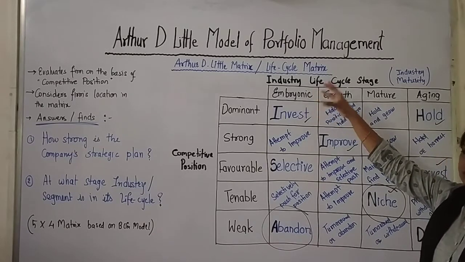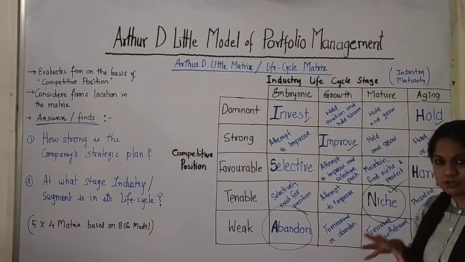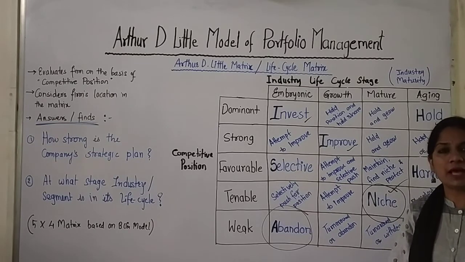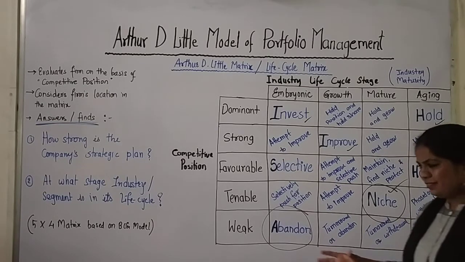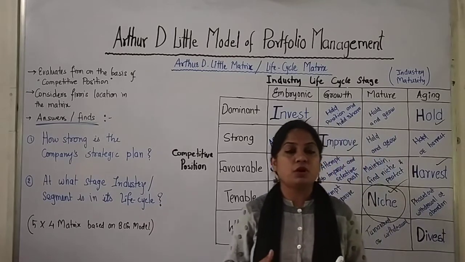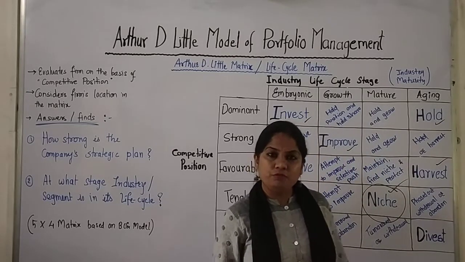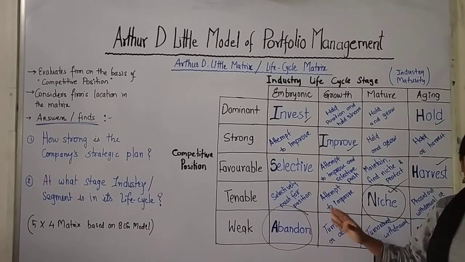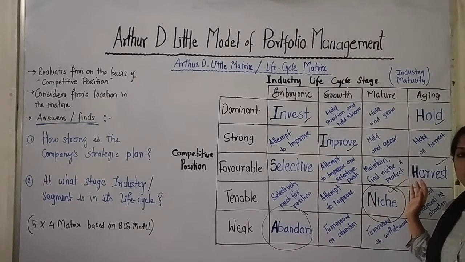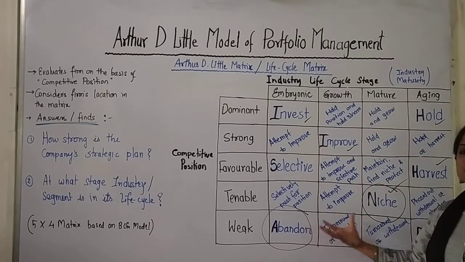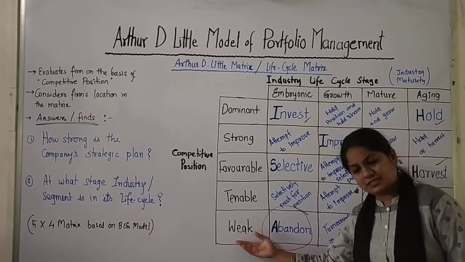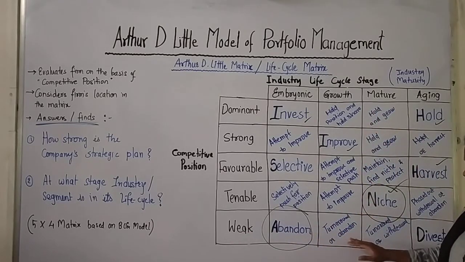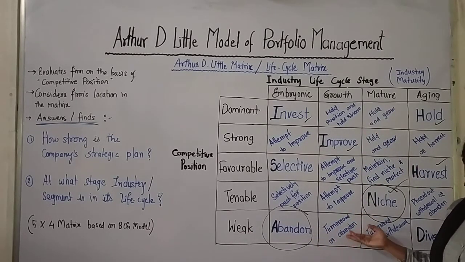So if the industry is in the embryonic or introductory stage, but your position is weak, what will happen? That embryo will not sustain, it will not grow because it's very weak, and it's just the introductory stage. As the stage moves ahead, if the industry grows, you are still in a weak position, so you will have to struggle. So you can see here the combination is telling turnaround or abandon.